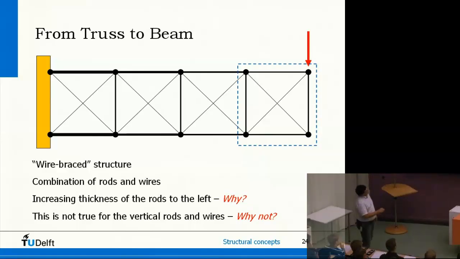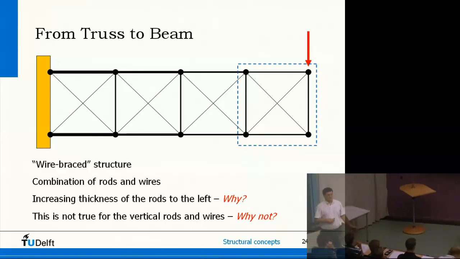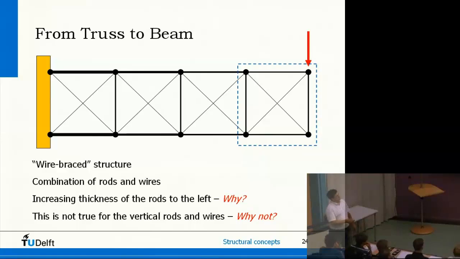And what is the size of that reaction force at the left side? Is it larger than my applied force? Smaller? It's the same size. It's the opposite direction, but it's the same size. Yeah? I hope it is on the next slide.